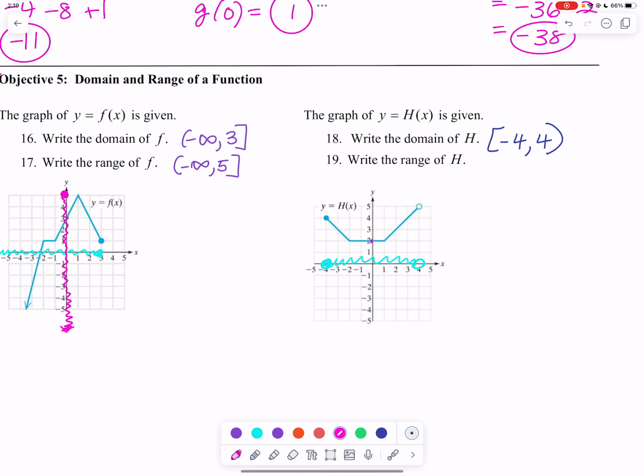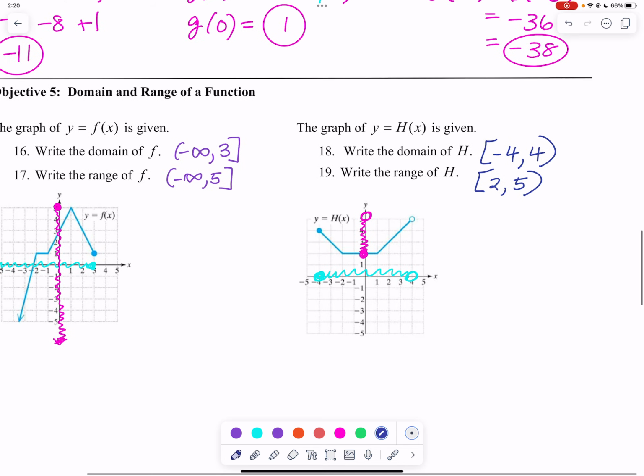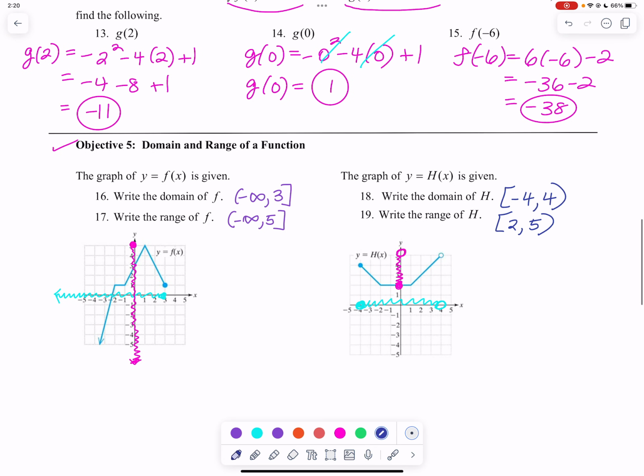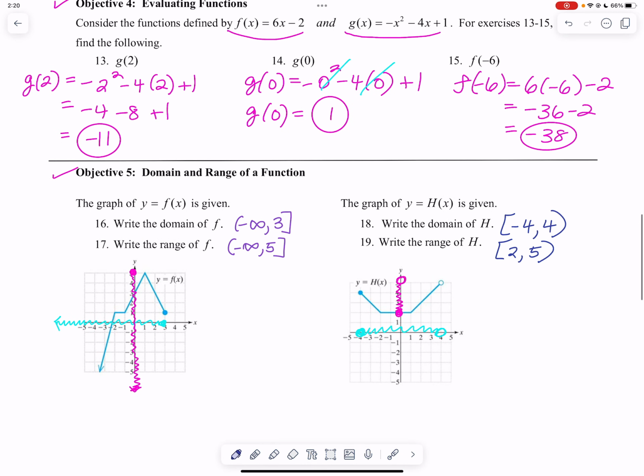We will actually start at y equal to 2 and go all the way to y equal to 5, but we don't want that 5. So that is y equal to 2 to 5 and not including 5. And that concludes this worksheet.